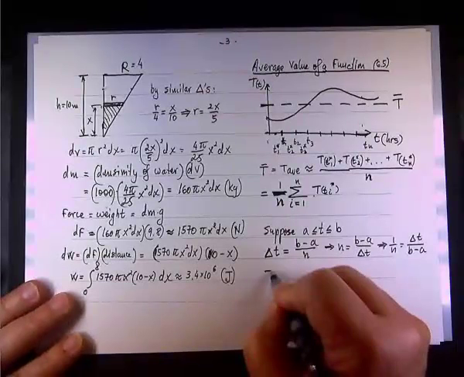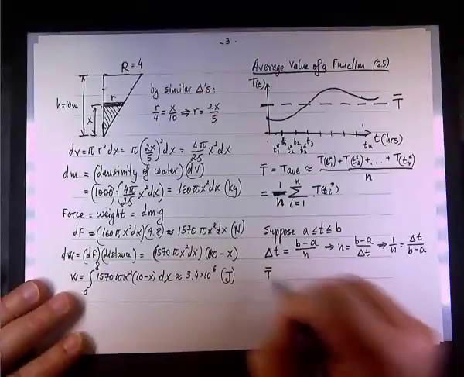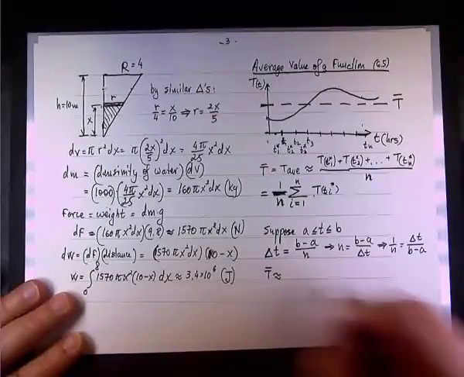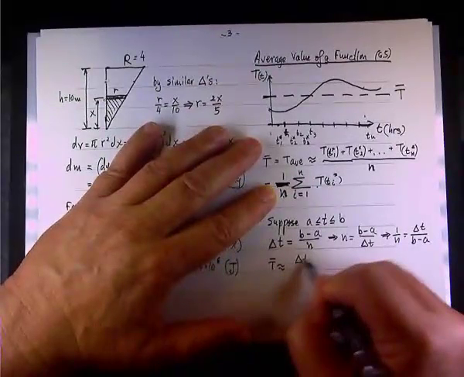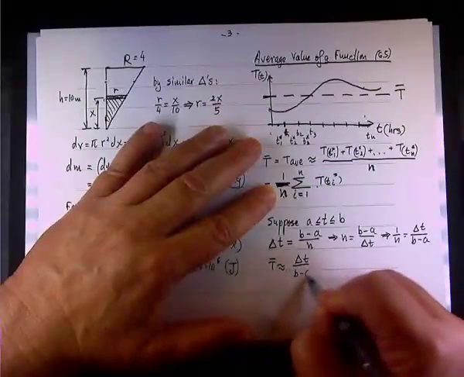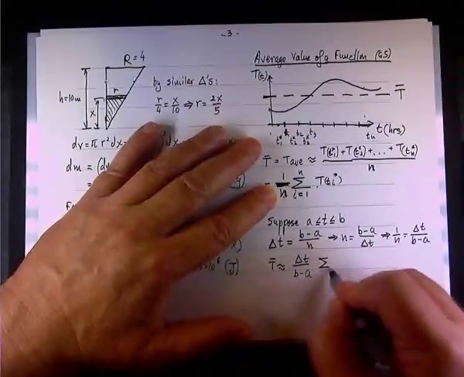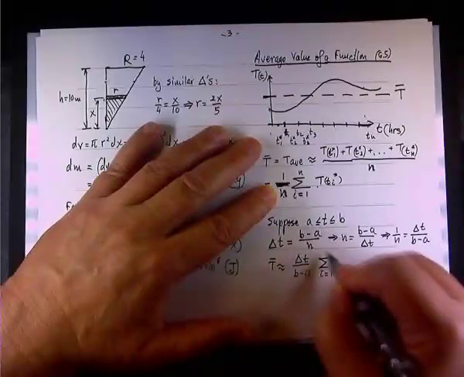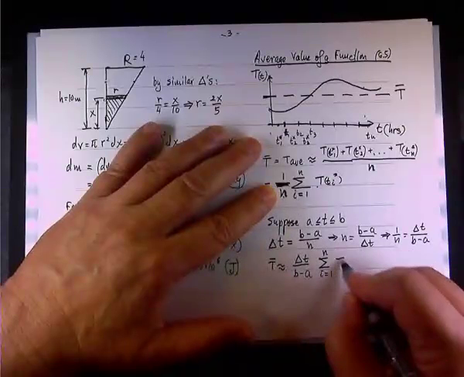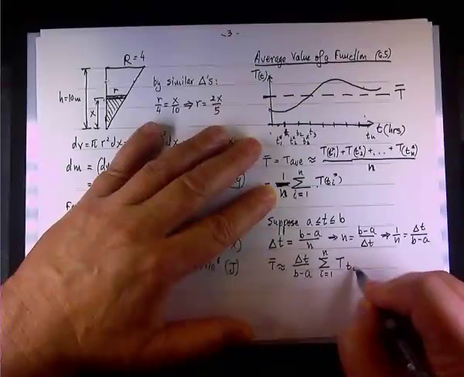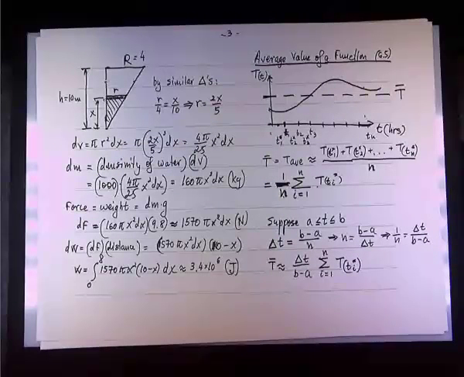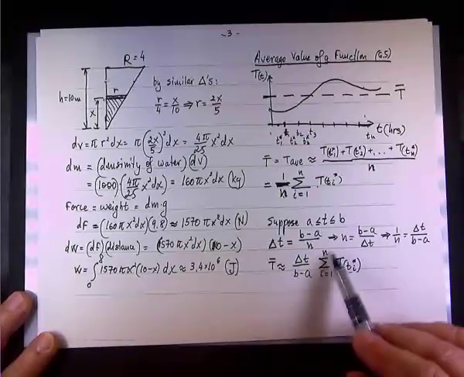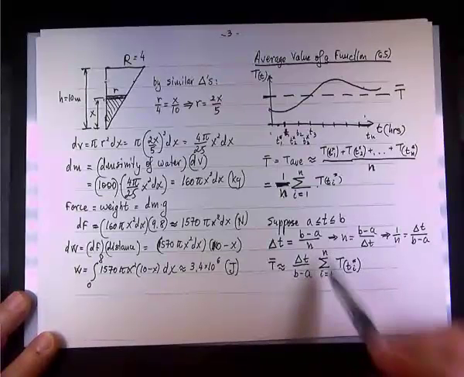I'm going back to the approximation of the average temperature now. I said the approximation was sigma of 1 over n, but instead of 1 over n, I have delta t divided by b minus a, like so. And then I multiply it by the sum, sigma from 1 to n of t star sub i.